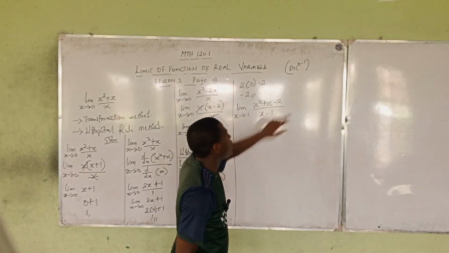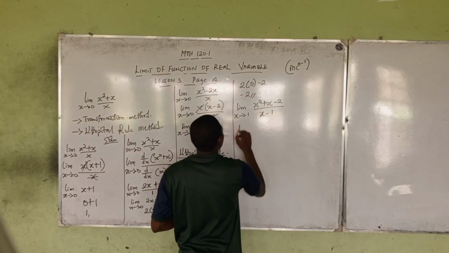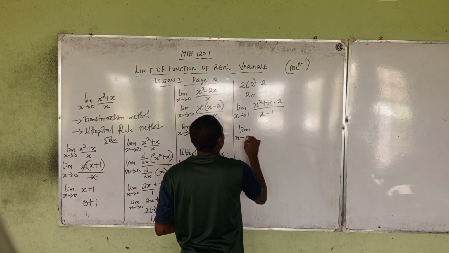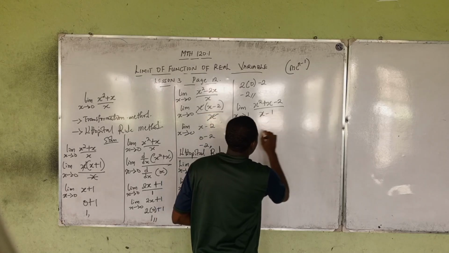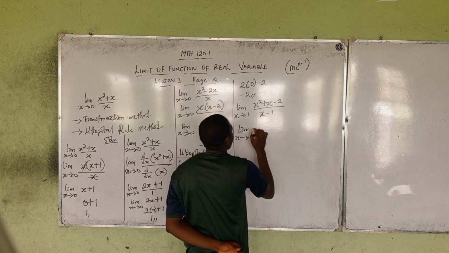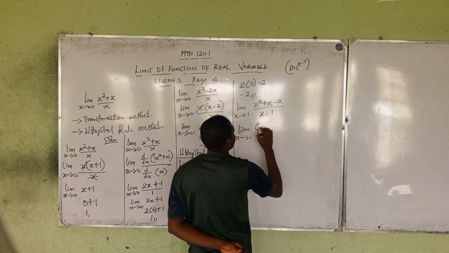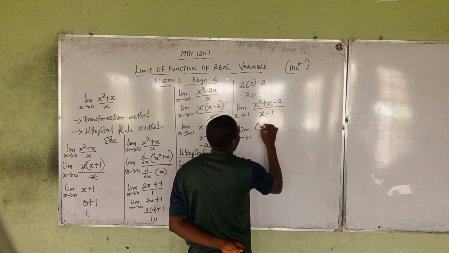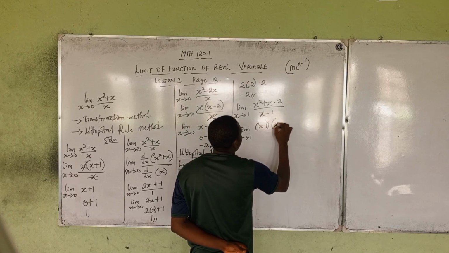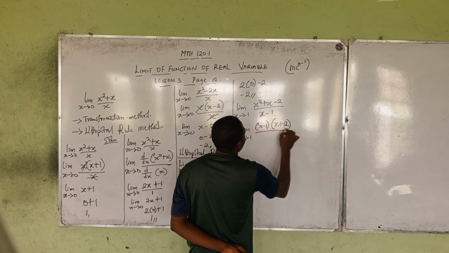If you solve this quadratic equation, you simply have the limit of x tending to 1 of the function x minus 1 bracket x plus 2 divided by x minus 1.